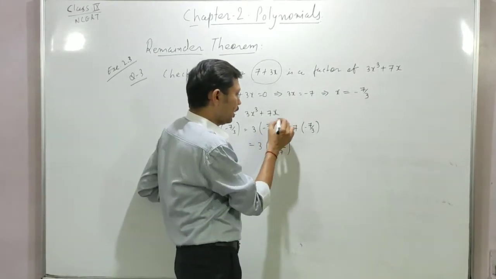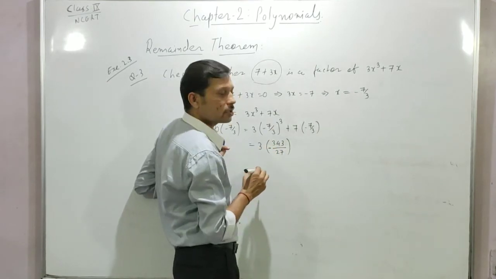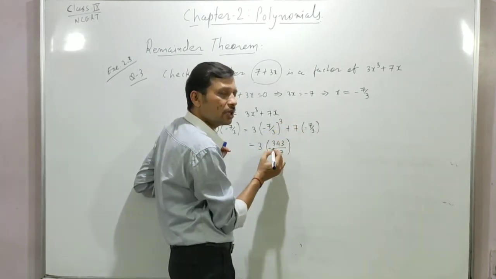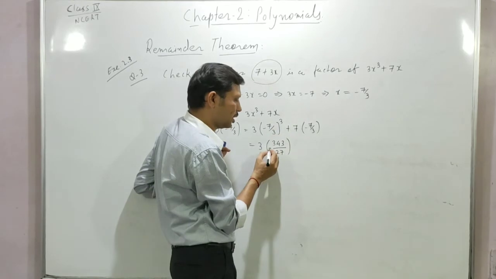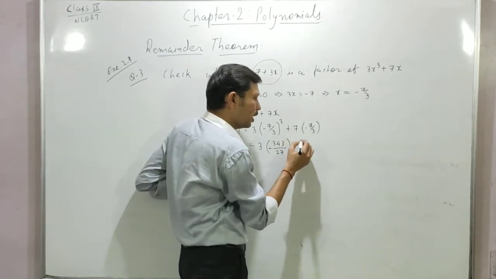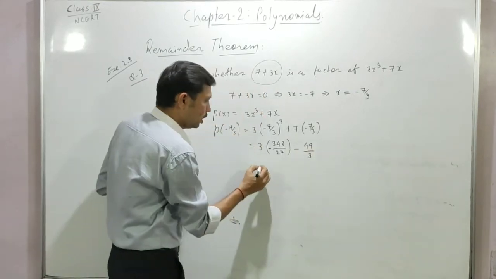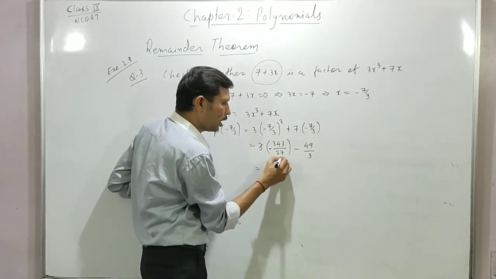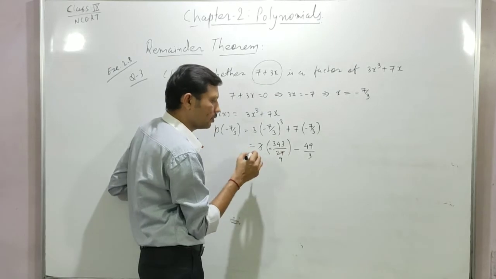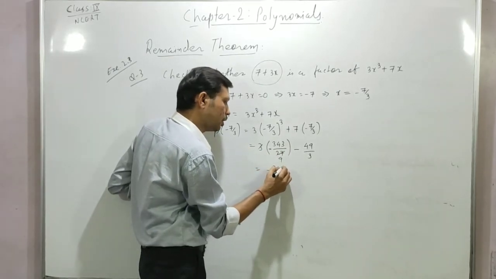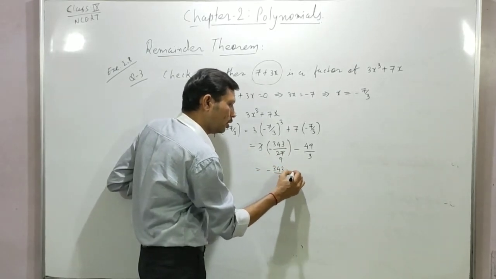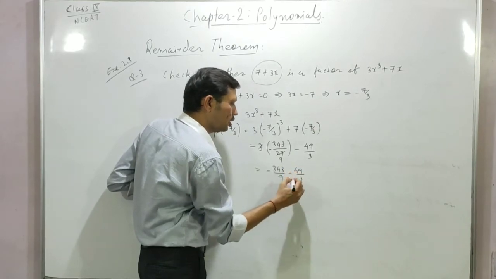If the even power is there, the answer is positive. Here the odd power is there, so the answer is negative. Plus minus minus, 7 sevens are 49 upon 3. Now a cancellation होगा, so 3 nines are 27. So what is left? Minus 343 upon 9 minus 49 upon 3.